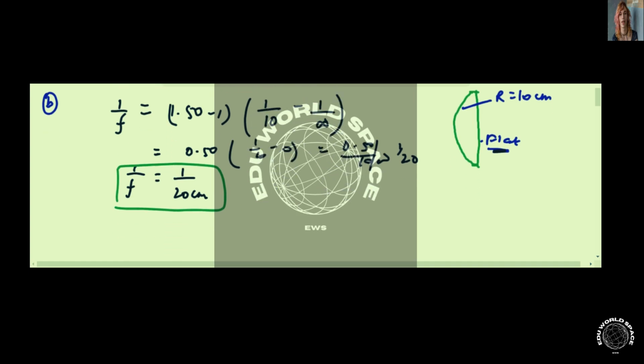Now we just plug the values into our equation number 1, which is 1 by s plus 1 by s dash equals 1 by f. We have 1 by f as 1 by 20, and 1 by s, where the object distance s is 18 centimeters, plus 1 by s dash.